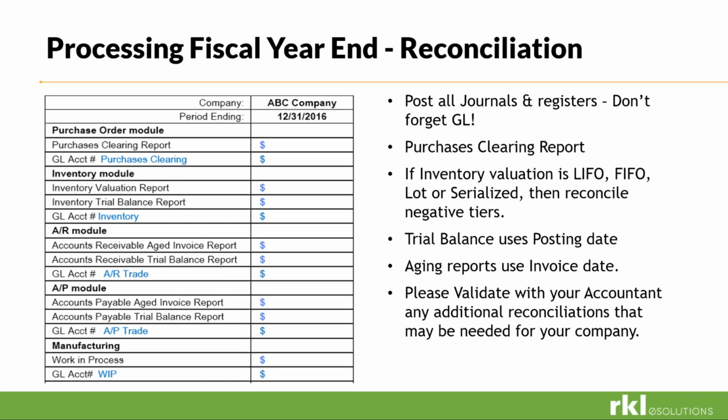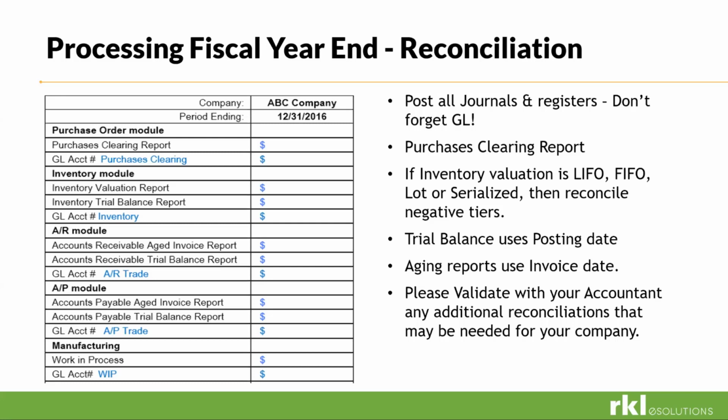You'll also want to address your negative tiers in your inventory management module if you have any items that are set up with the valuation method of LIFO, FIFO, lot, or serial. And those tasks can be found in Inventory Management module under the Period End menu.